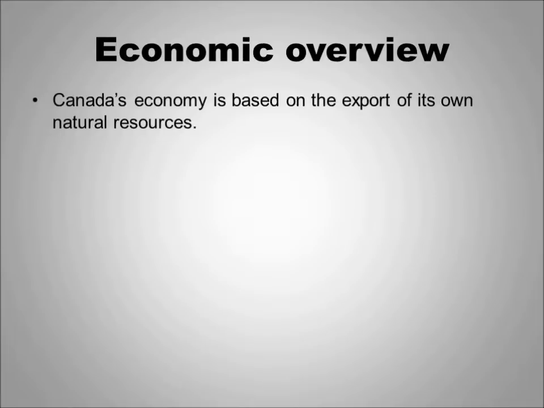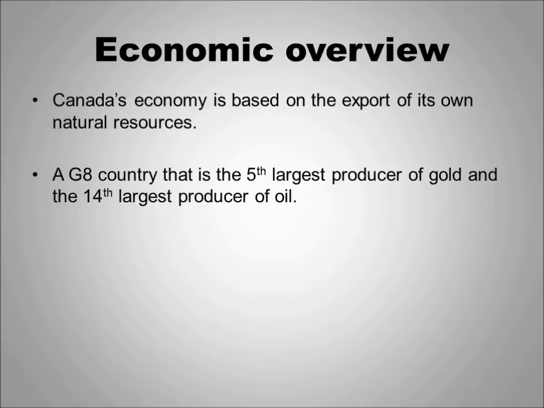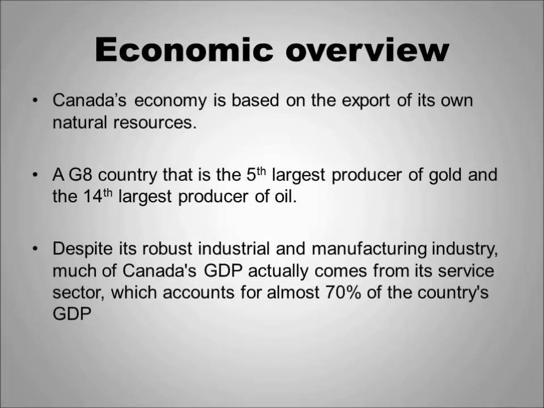Okay, so now let's talk about Canada. Here's what we need to know about the Canadian economy. The Canadian economy is based on the export of its own natural resources, particularly oil. And it's also a G8 country. It's the 5th largest producer of gold and the 14th largest producer of oil. And despite its robust industrial and manufacturing industry, much of Canada's GDP actually comes from its service sector, which accounts for almost 70% of the GDP.